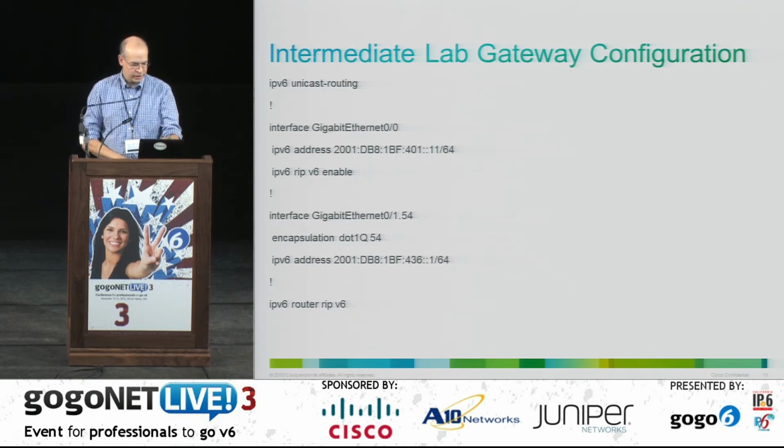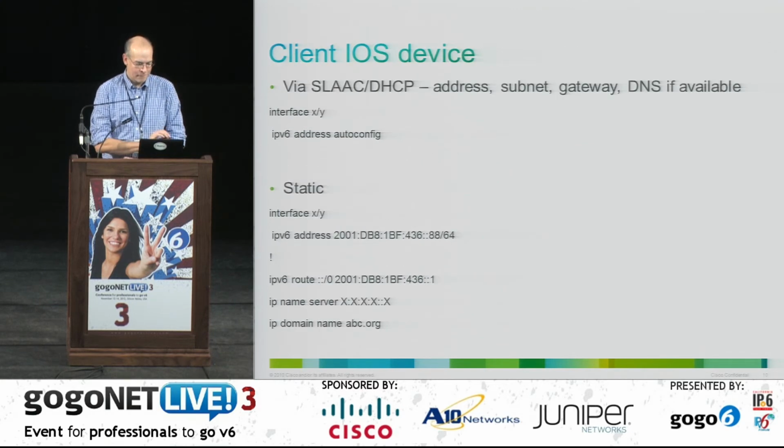The downstream interface here happens to be a sub interface, so it's one of a group of VLANs that are going down to a layer 2 switch that'll eventually hook into hosts. In this particular case, it hooks into a VMware system. And again, it's just a simple IPv6 address config, so it's just a simple SLAAC config.